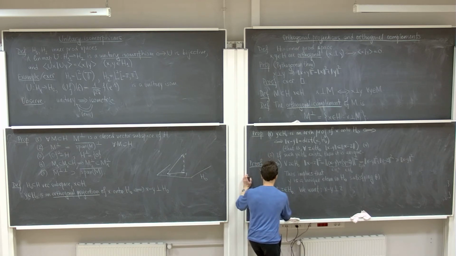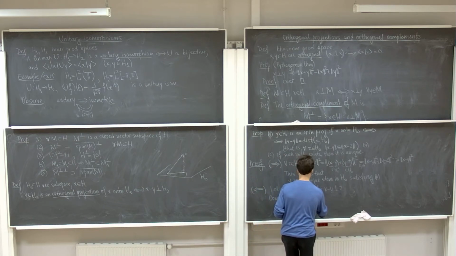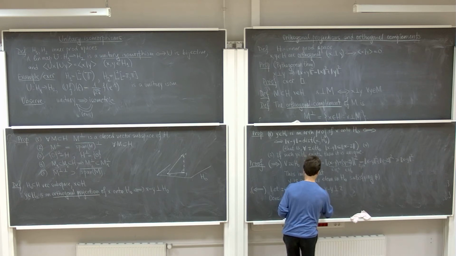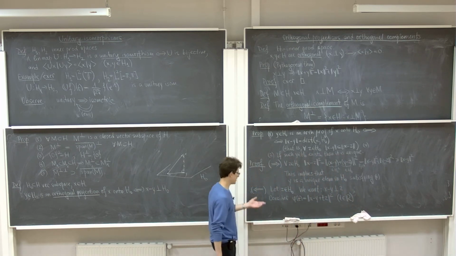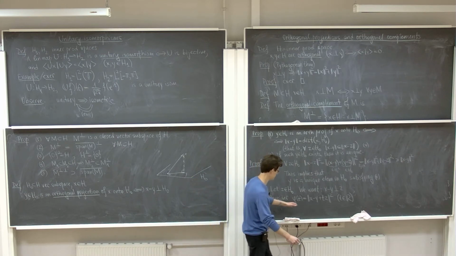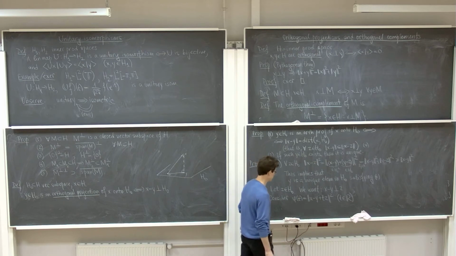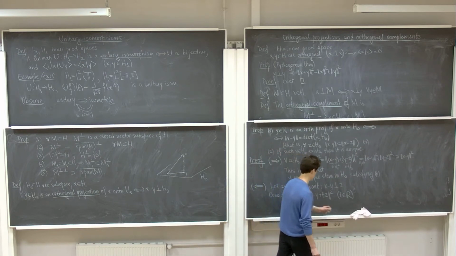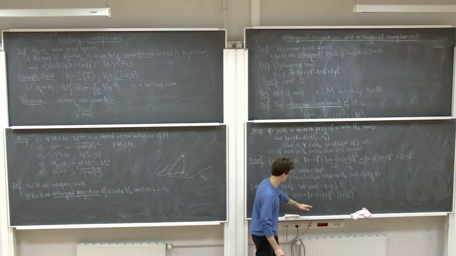We consider the following function: phi of t equals the norm of x minus y plus t z, squared. Here t is a real number. So phi is a function of a real variable t, and it is non-negative. And explicitly, we can calculate this function in the following way. We have two summands, x minus y and tz.